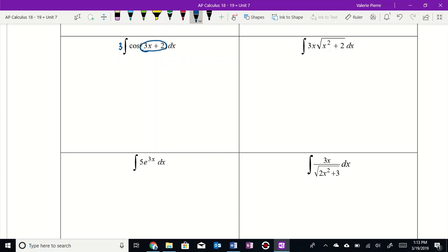Okay, so we're going to have the antiderivative of 3 cosine 3x plus 2 dx. And now to keep this function equal to the function we were given, we want to also cancel out the derivative because it wasn't there, right?